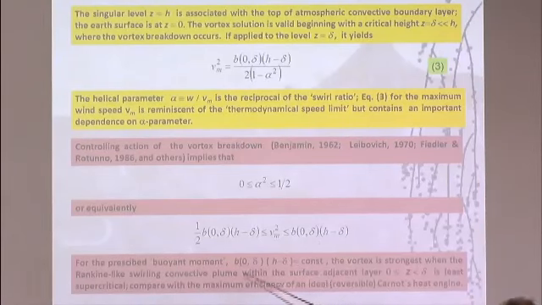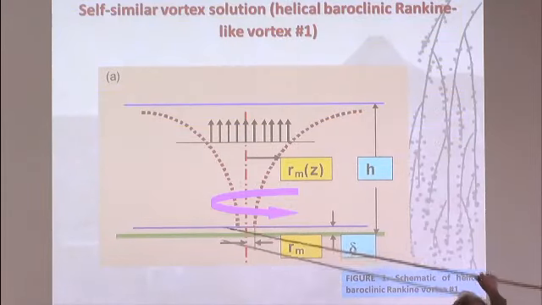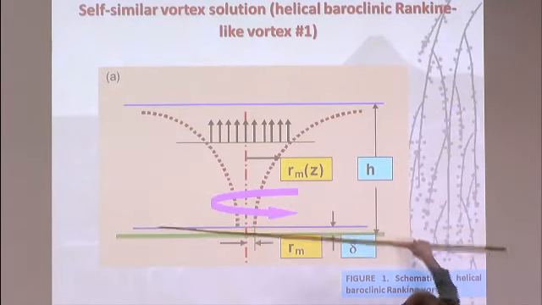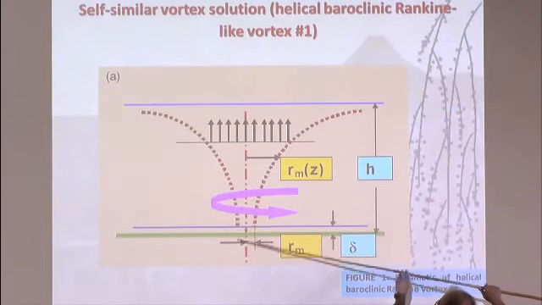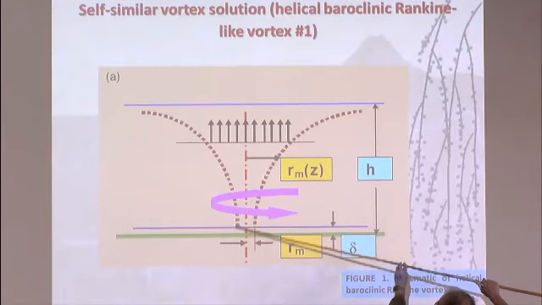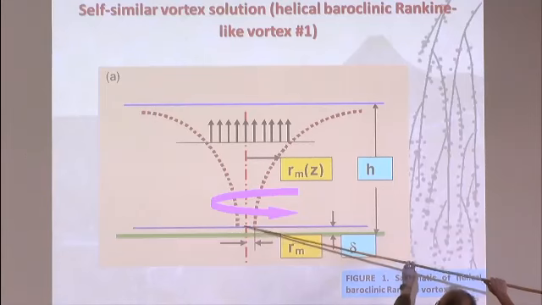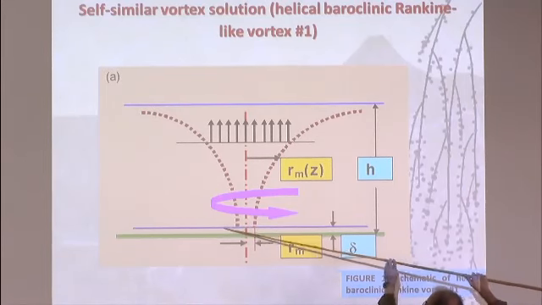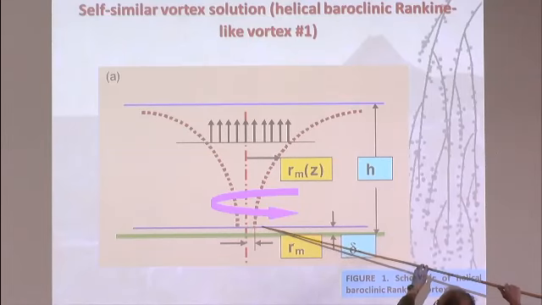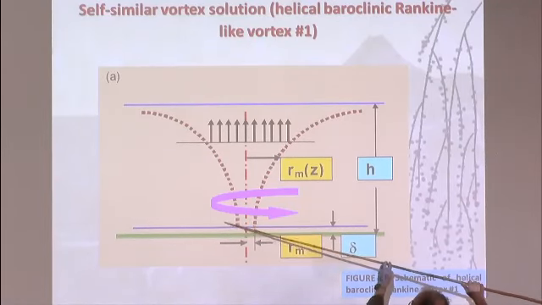And so for the given buoyancy momentum, the vortex is strongest when the Rankine-like swirling convective plume below this truncation level is, in a sense, weakest. So there is a very smooth transition here, because if we take a very strong vortex here, it will experience very strong breakdown, and the resulting vortex above the breakdown level will be broad.